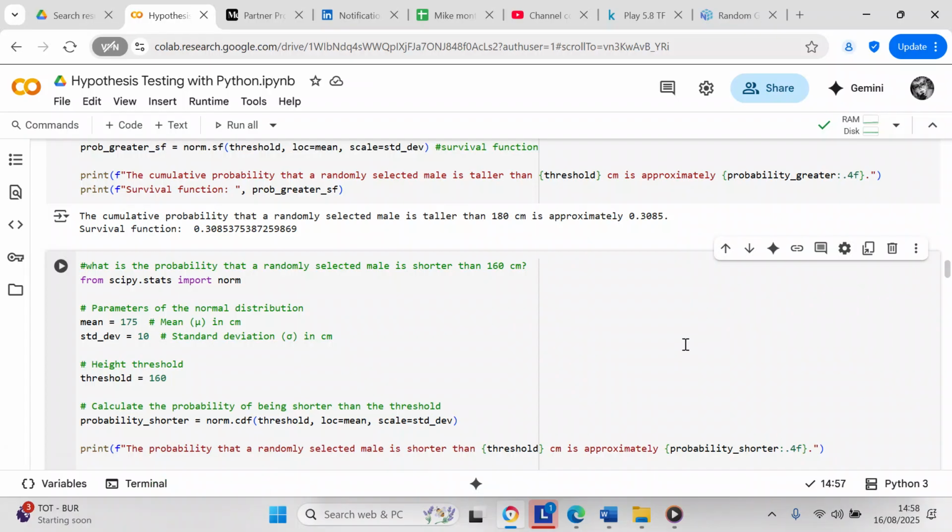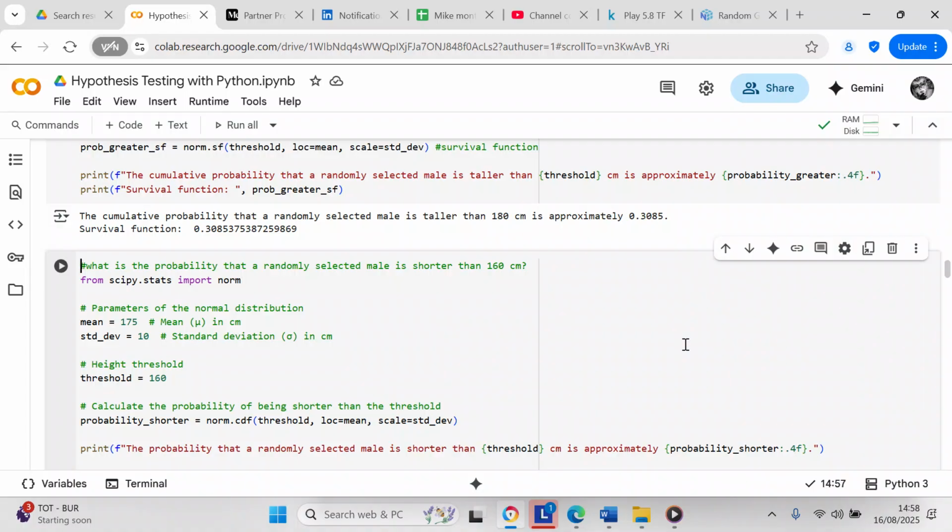Then we're going to set our parameters. The mean is 175 centimeters, the standard deviation is 10 centimeters. The height threshold is 160, so you're looking for something shorter than 160. So you're going to calculate the probability of being shorter than the threshold.